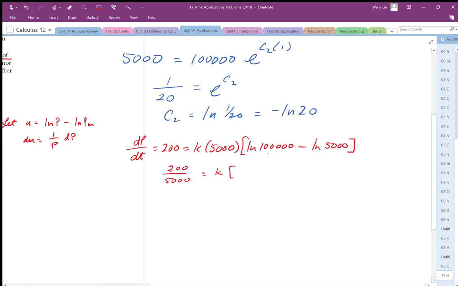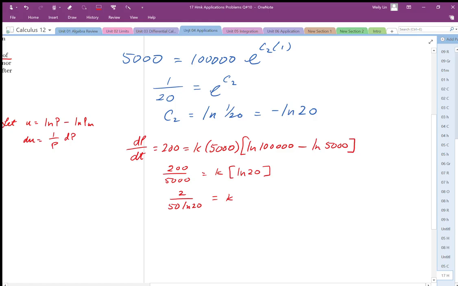Put that together, 100,000 divided by 5,000 is 20. And so simplifying this expression, I am going to end up with 2 over 50. And then the log 20 goes in the denominator. And that's going to be equal to my K value.